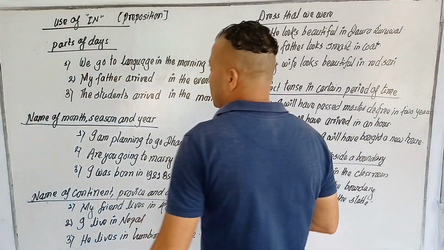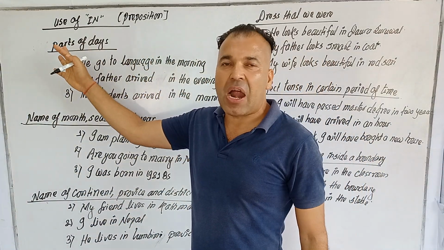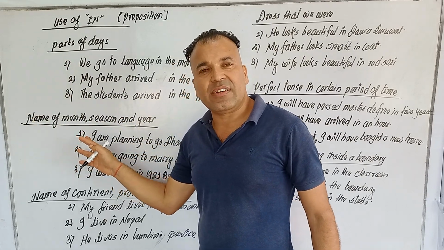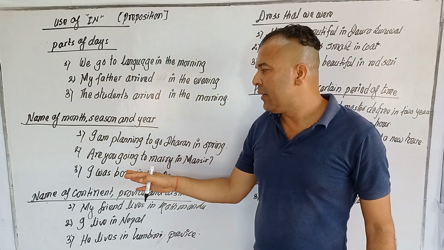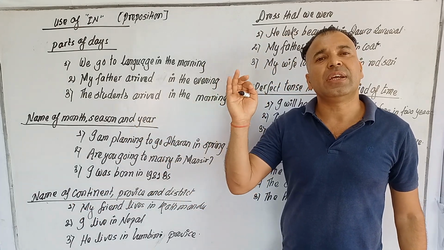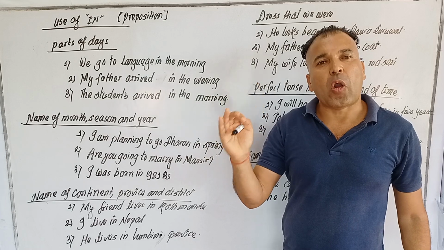So, "in" is used for parts of the day, names of the month, season, and year, and names of large places: country, district, province.